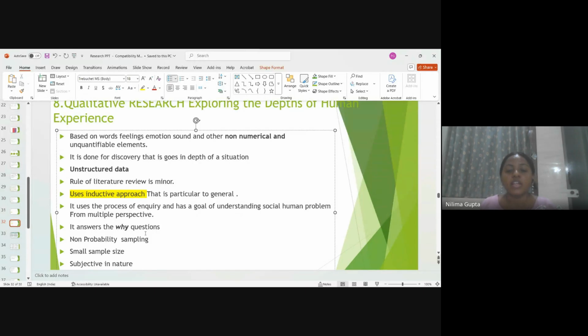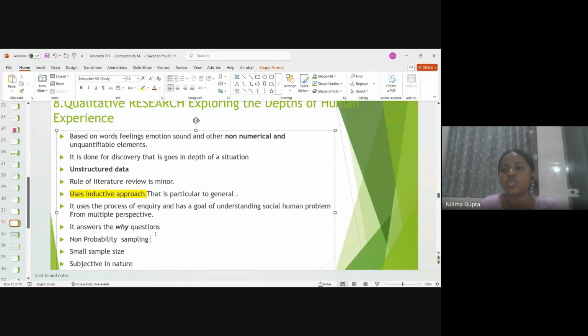Okay, and it uses non-probability sampling. Probability is basically deciding possible outcomes, when we say probability it is something called what are the possible outcomes of it. So it will be using non-probability sampling here, and the sample size will be very small because I'm asking questions.